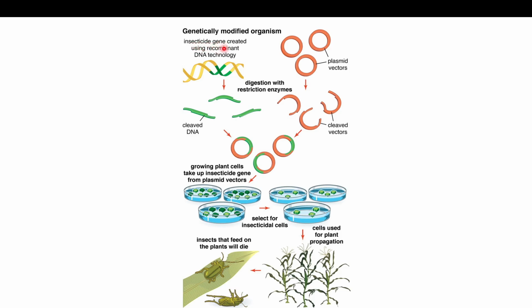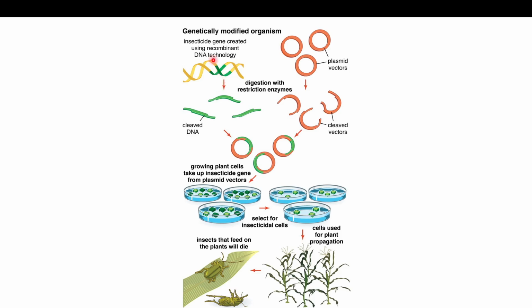That particular insecticide gene is inserted. This green one is the particular gene which encodes for the chemical substance, or encodes for RNA, any kind of substance which is harmful for the pest.